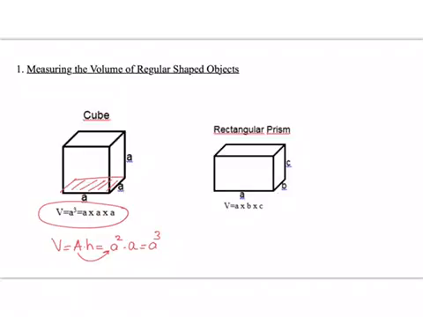A rectangular prism has a base of a rectangle. So the volume is equal to base area times height. The base area is a times b, you see here, times the height c. So you get the formula a times b times c.